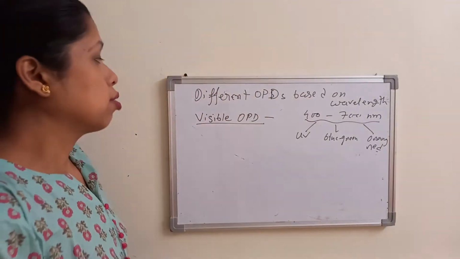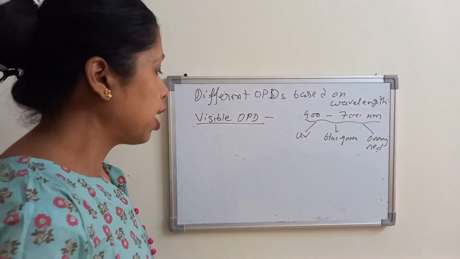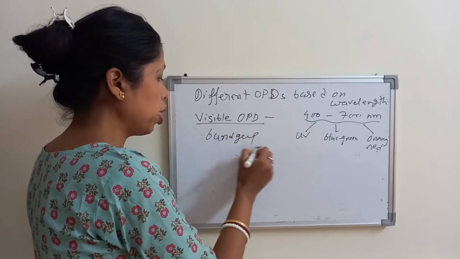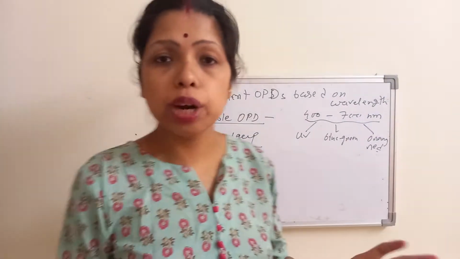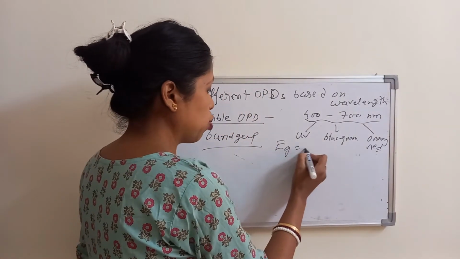So the first criterion to design the visible organic photodetector is the band gap. Band gap is the main important parameter to design any specific visible wavelength photodetector, right? As you know, there is a relationship between band gap and wavelength.